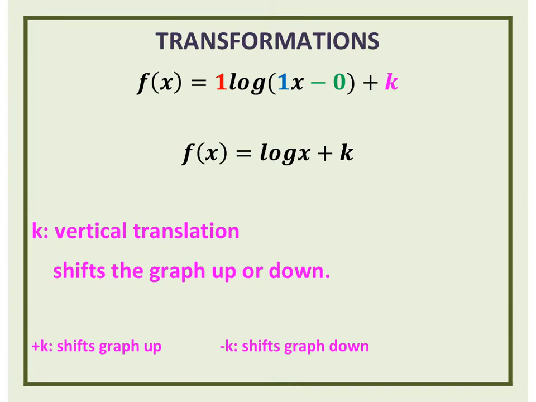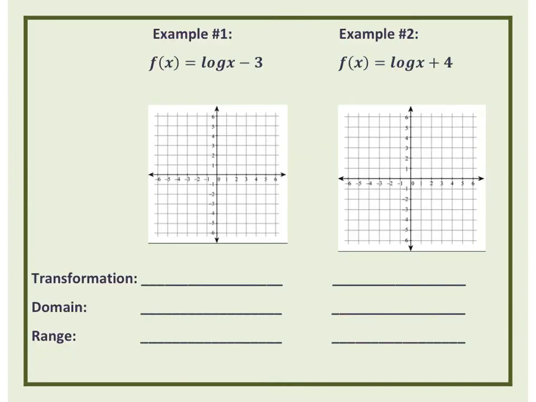Okay, k value shifts up and down. K value can affect your range, but if you have a range that's negative infinity to infinity, and you add 3 to that, what's my new range? It's still negative infinity to infinity. So even though my k value is negative 3, and the graph went down 3.